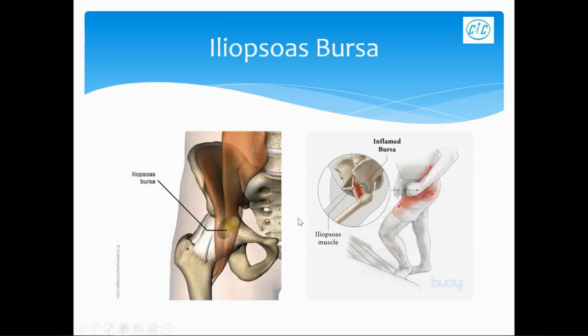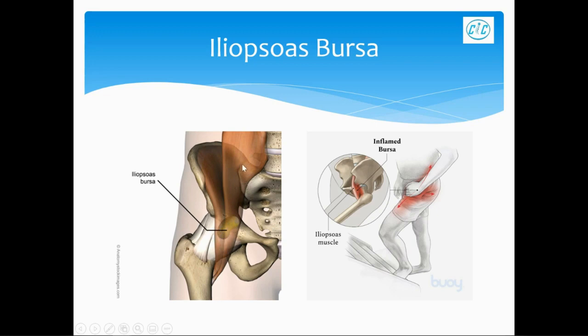And besides that, we need to also mention the iliopsoas bursa. A bursa is a sac structure that helps with the reduction of friction between the different structures of the body, like between muscles and the bone and the joint right here.